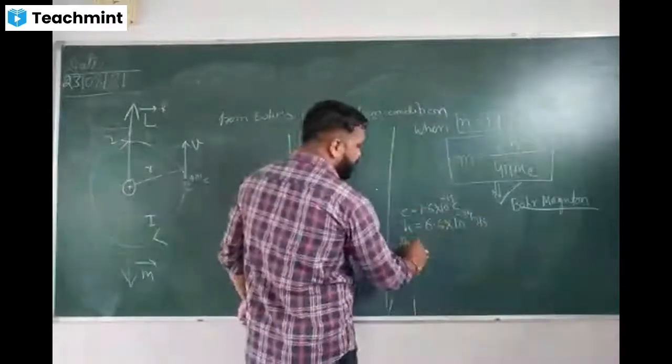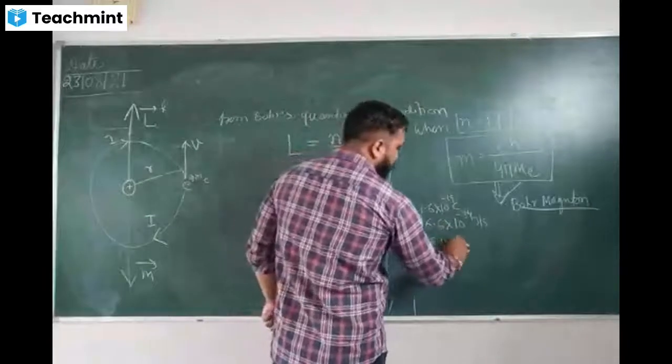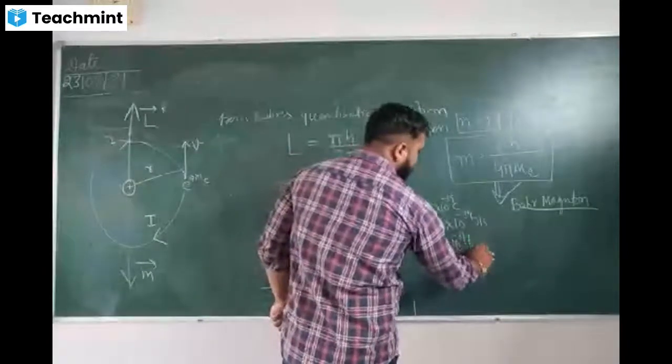And me is the mass of the electron, 9.1 into 10 to the power minus 31 kg.